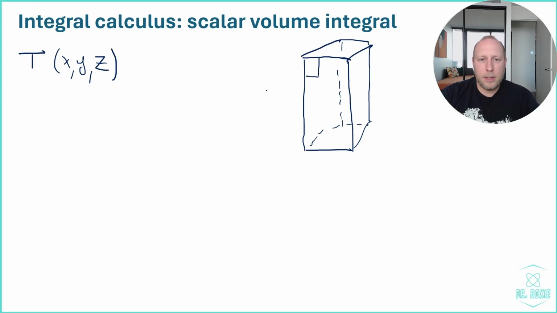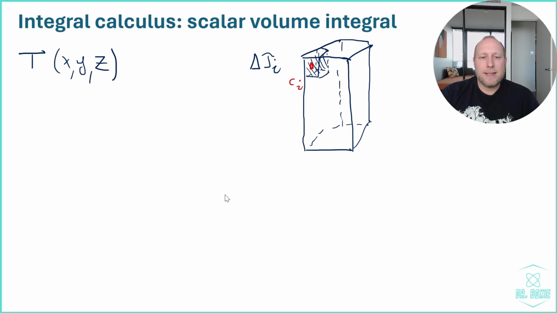So here is a tiny piece of the whole volume, and this small box here, I will call its volume delta tau i. And just like we did earlier, we choose some point within that box. I call that point c_i.